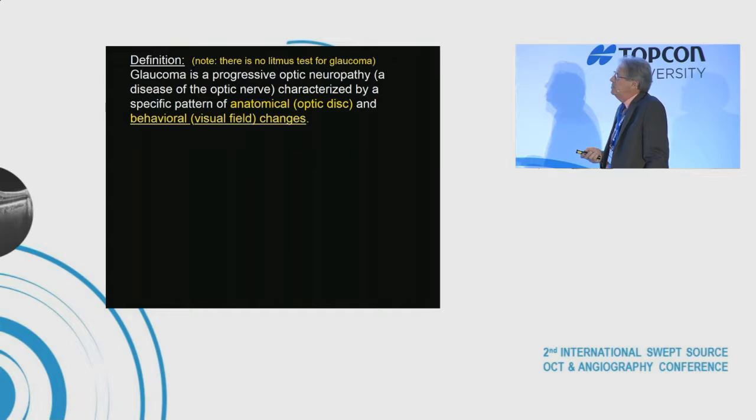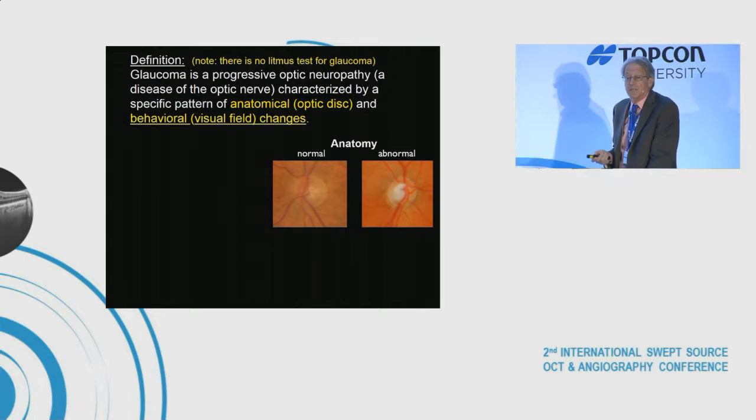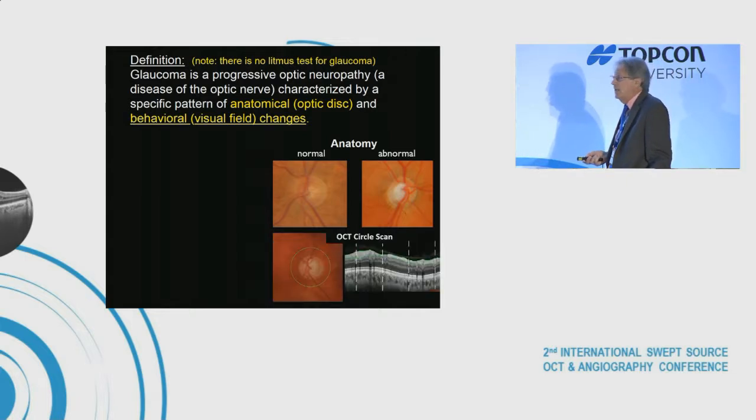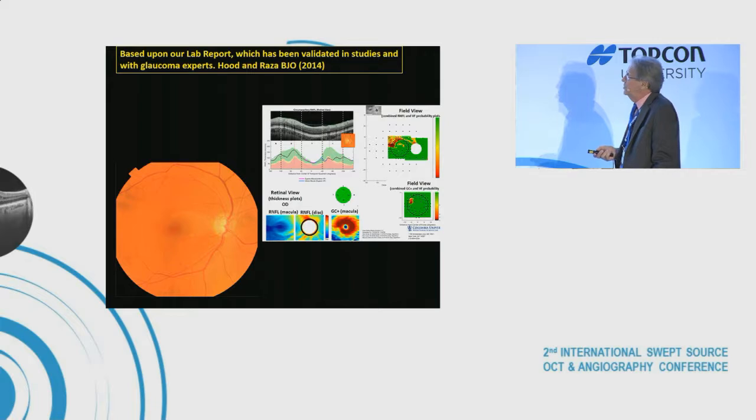It's defined as a progressive optic neuropathy, and most glaucoma specialists are looking for both anatomical and behavioral changes. So for anatomy, you've got the fundus exam augmented with photos. Now you've got the OCT, and for behavior, you have the visual field, usually a 24-2 or 30-2.